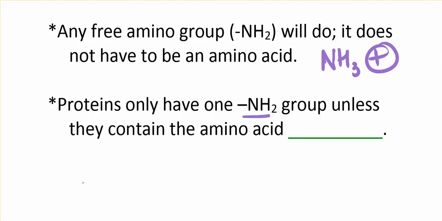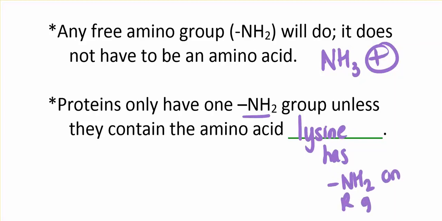But if the protein contains the amino acid lysine, each lysine amino acid has a free amino group, and so that will allow it to test positive. It was one of the amino acid groups we looked at in the beginning.